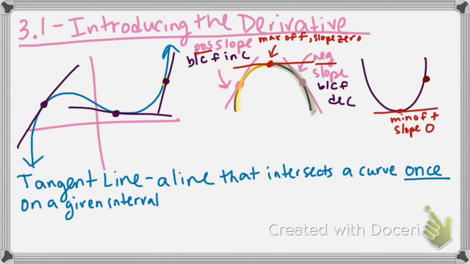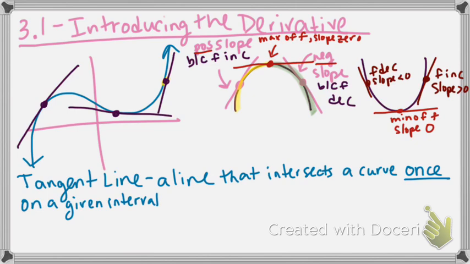What we're going to start using all the time is that when f is increasing, its slope is positive, greater than 0. And over here, if f is decreasing, its slope is negative, less than 0. And you may think, well, why? Again, we'll get there. We're just trying to get the basics down.